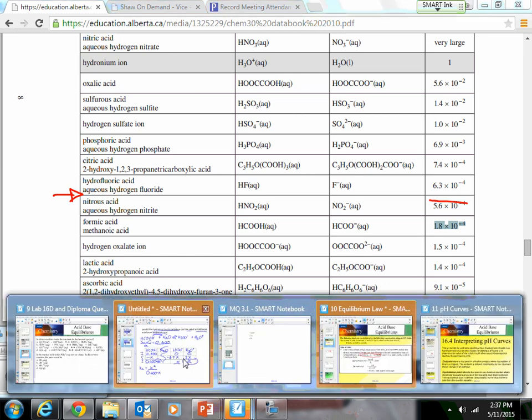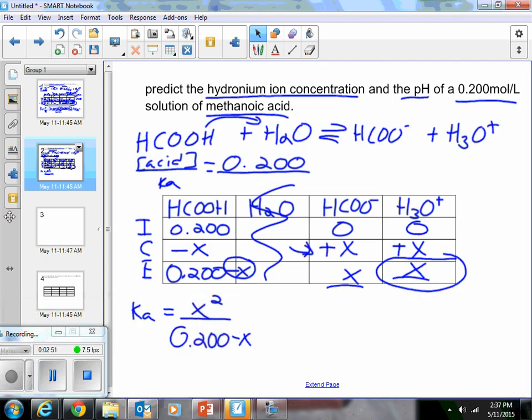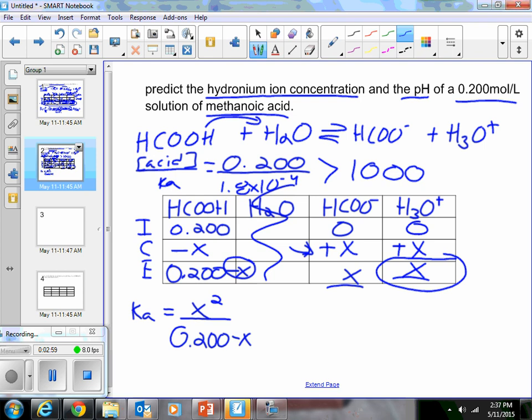So if we substitute that in, 1.8 times 10 to the minus 4, and we're going to get an answer that is much greater than 1,000. So if you sub that into your calculator, we get an answer way bigger than 1,000. So the rule of 1,000 applies, which means that we can get rid of that minus X and make the math a whole lot simpler for us.